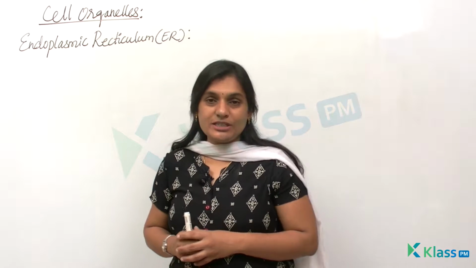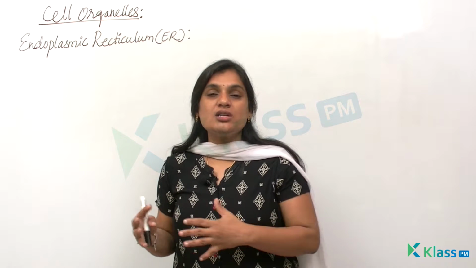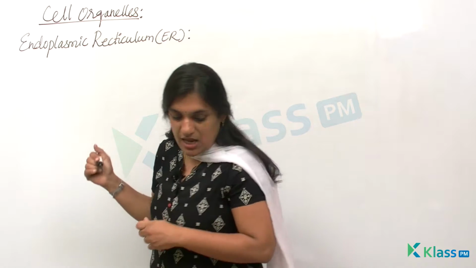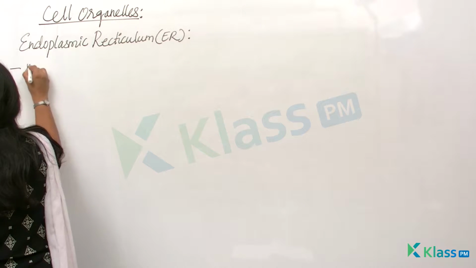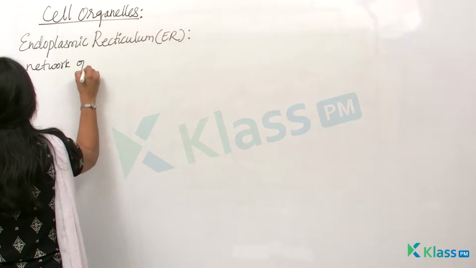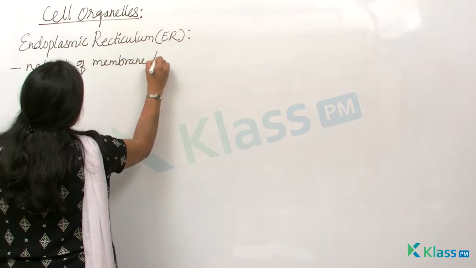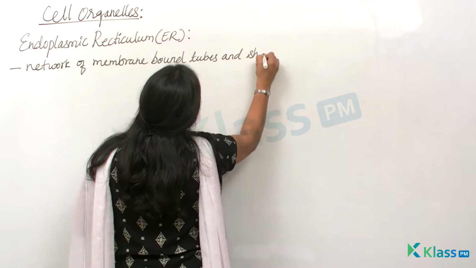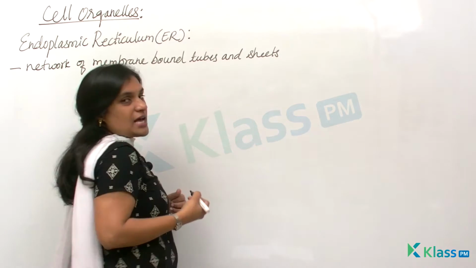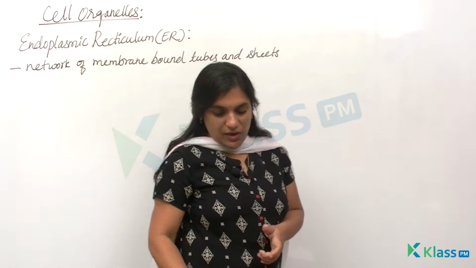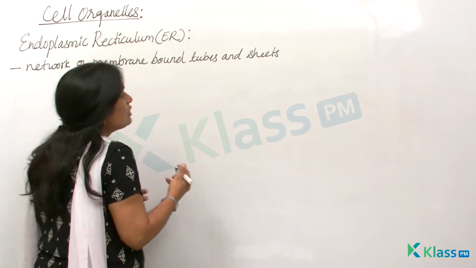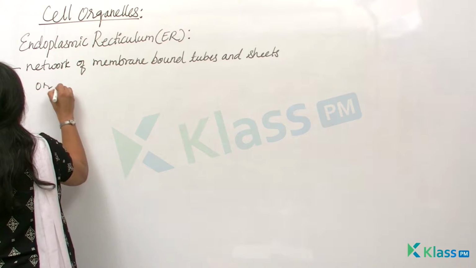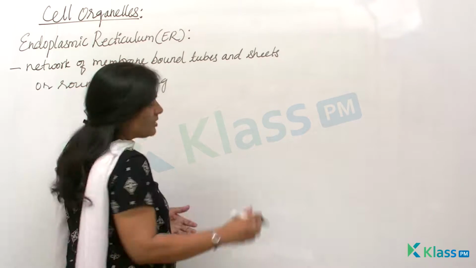It is present as a network of membrane bound tubes and sheets, and these are also seen as vesicles. They also look like round or oblong bags.